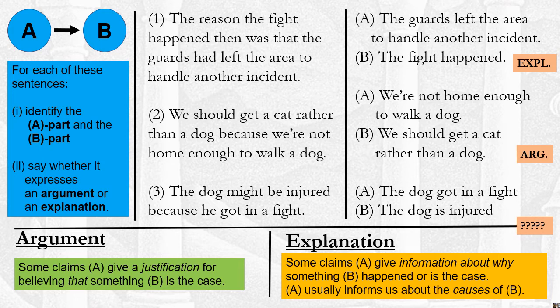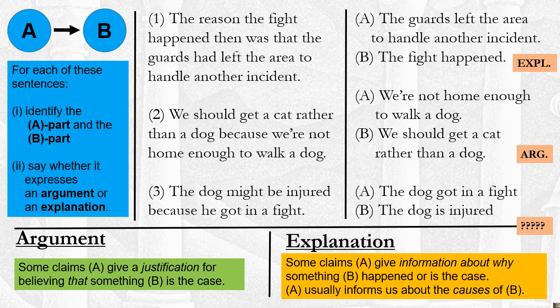Now the third one is a little tricky. It actually turns out that you can read this passage as either an argument or an explanation. And I hope, that's sometimes frustrating when I come to this point in discussing arguments and explanations.